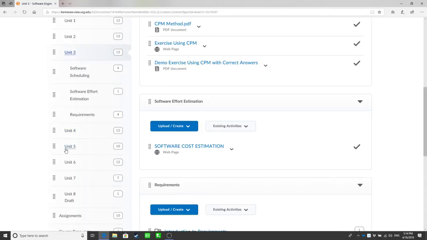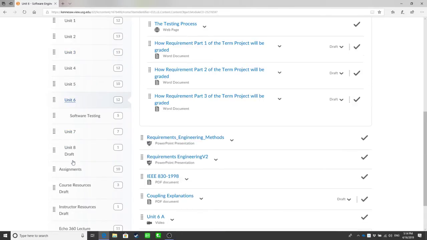And last week we talked about testing and requirements. So why do we talk about requirements and testing together? Because we generate the test cases based on the requirements we get from the client, right?